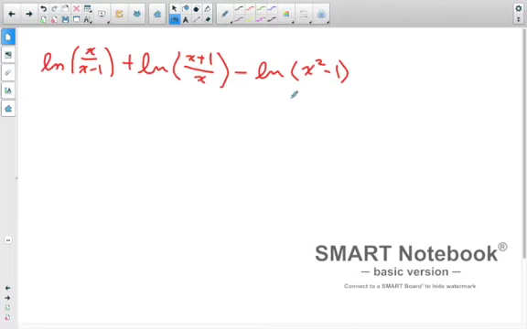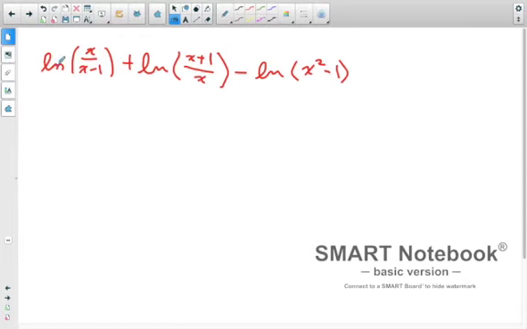Okay, so what do we have here? There's nothing on the outside of our logarithms, which means we don't have to apply that rule where we take the number from the outside of the logarithm and make it into an exponent. Instead, we're just going to go straight to the addition and subtraction, which we always take from left to right.